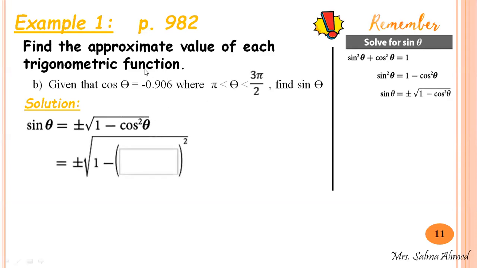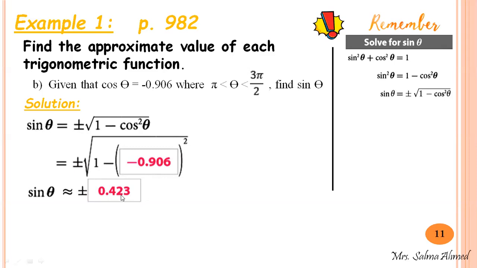I'm going to replace cosine squared theta by negative 0.906 squared. So it will be positive or negative root 1 minus, in brackets, negative 0.906 all squared. So sine theta gives me positive or negative 0.423, approximately to the nearest thousandth.